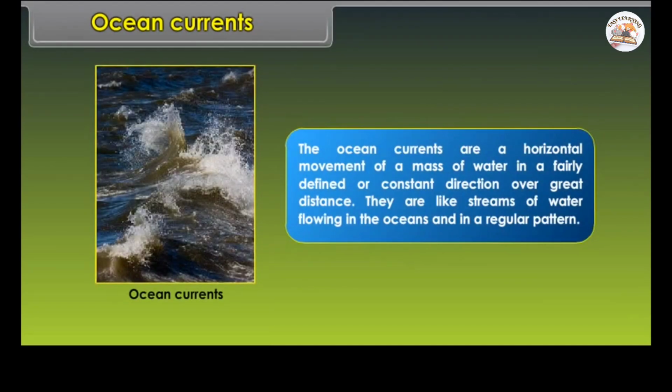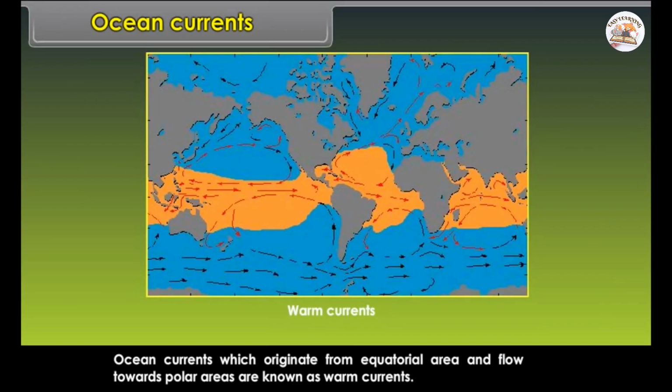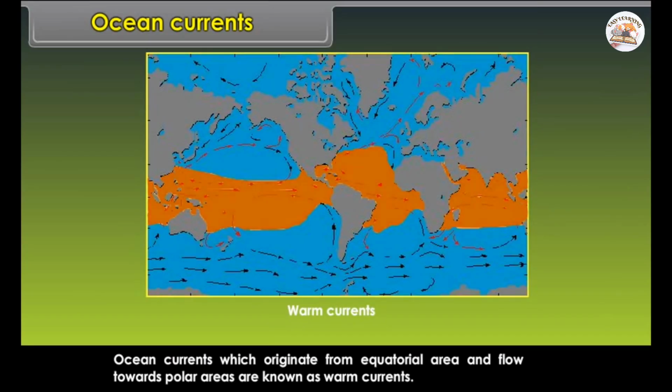Ocean currents. The ocean currents are a horizontal movement of a mass of water in a fairly defined or constant direction over great distance. They are like streams of water flowing in the oceans and in a regular pattern. Ocean currents which originate from equatorial area and flow towards polar areas are known as warm currents.